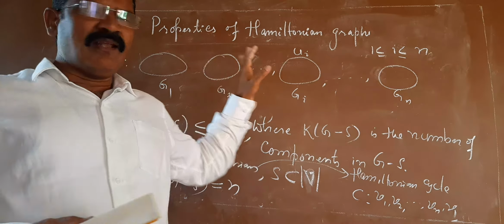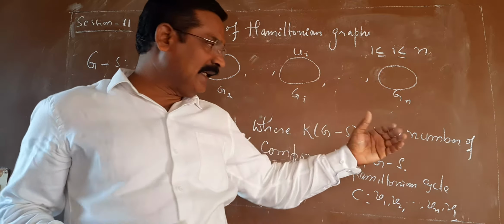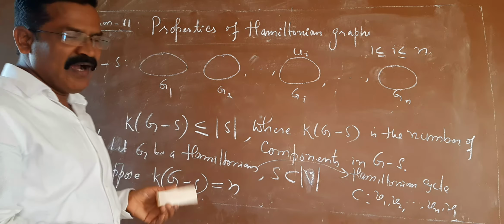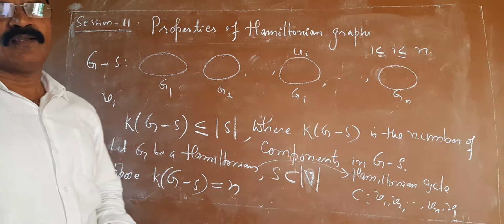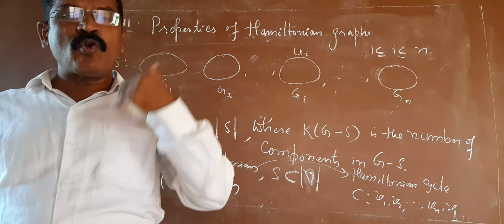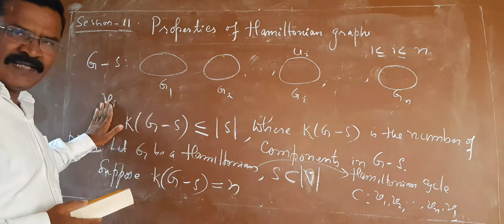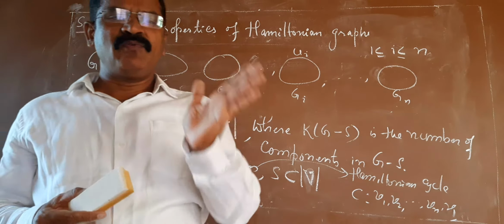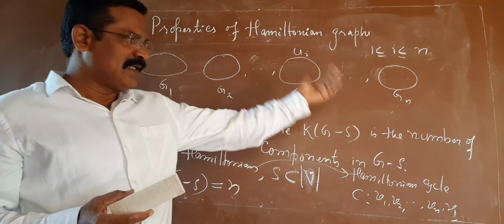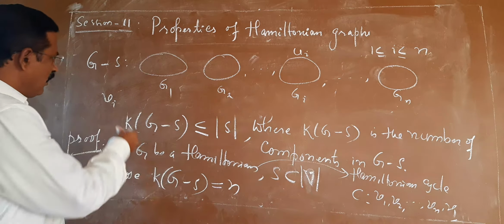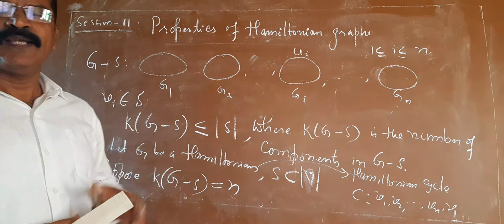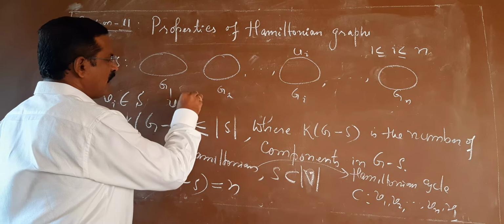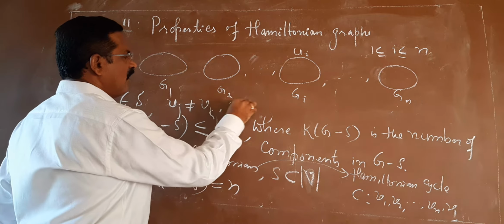Suppose Ui is the last vertex of the Hamiltonian cycle C which belongs to the component Gi, and let Vi be the vertex that immediately follows Ui on C. Therefore, Vi is the vertex that immediately follows Ui on the Hamiltonian cycle C. Clearly, Vi belongs to S for each i, and Vj is not equal to Vk for j not equal to k.